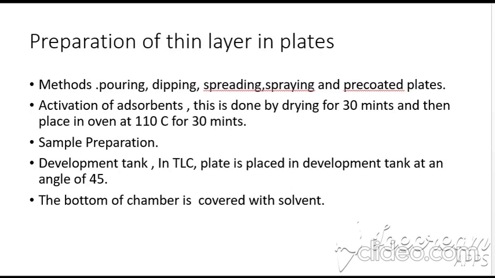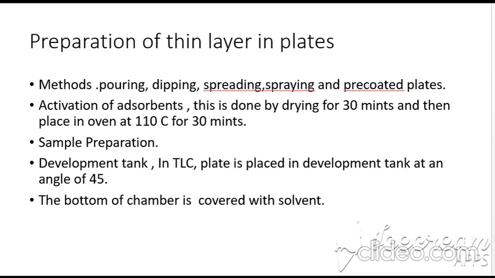As the name indicates, thin layer means the coating of silica gel on the glass slide must be very smooth with no lumps. Otherwise chromatography or development is not possible. That's why we purchase a smooth and very thin layer from the market.